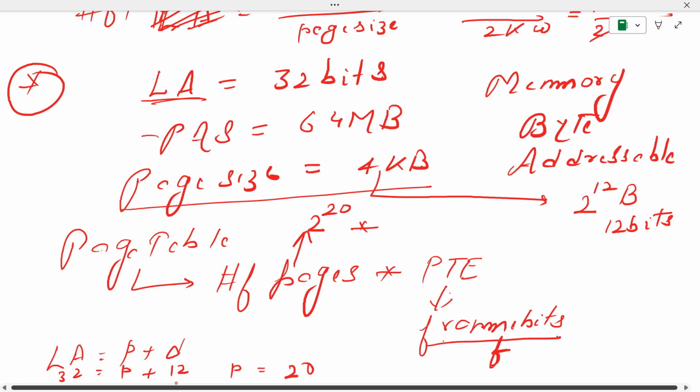Now from PAS and page size we can find the frame bits. The number of frames is equal to PAS upon frame size, and frame size is equal to page size, so 64 MB upon 4 KB.